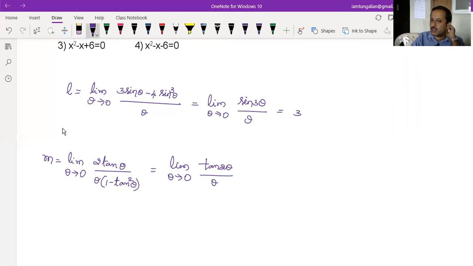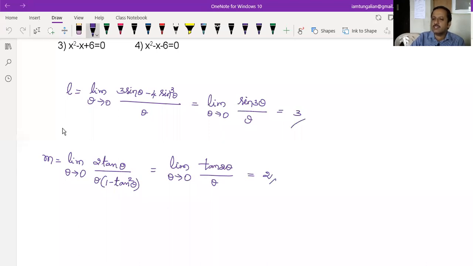Limit theta tends to 0, tan 2 theta by theta is equal to 2. Multiply and divide by 2, so tan 2 theta by theta as theta tends to 0 will become 2. So now we have L is equal to 3 and M is equal to 2.